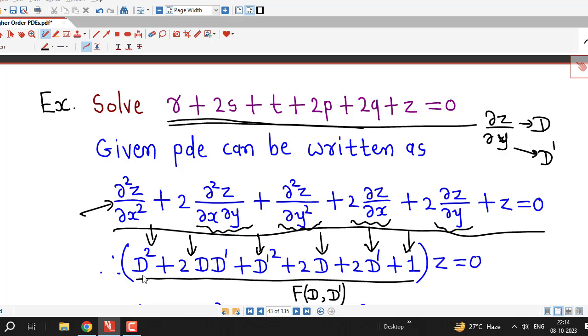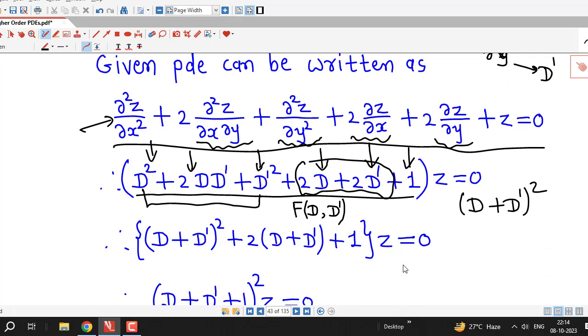So for that we can observe that this is nothing but the square of D plus D dash, that is D square plus 2 times D D dash plus D dash square. From the remaining terms also we can take 2 common, so we will have 2 times D plus D dash, and plus 1.